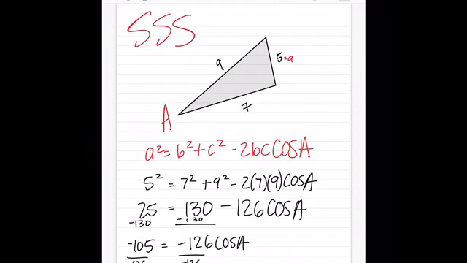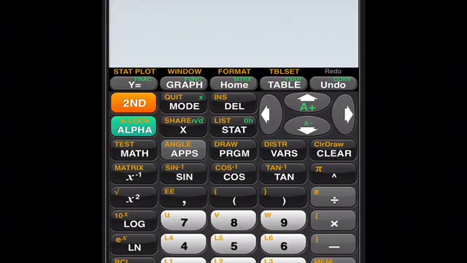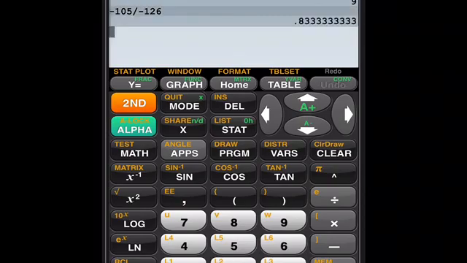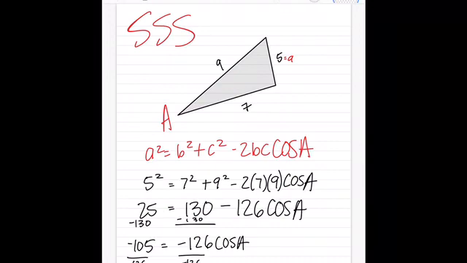Okay, now I want to put this in my calculator. So I'm going to do negative 105. Oh, this is not going to be negative. I didn't put a negative in my calculator. Negative 126. So this is not going to be negative. That is my mistake.